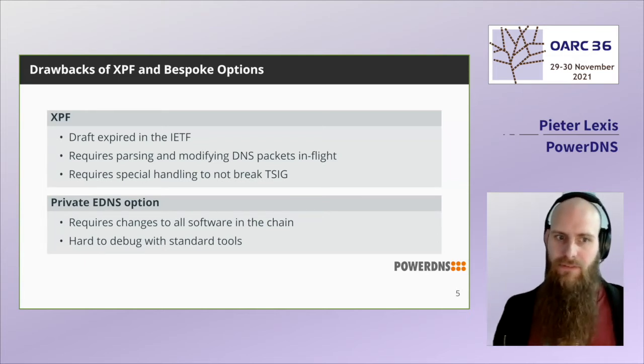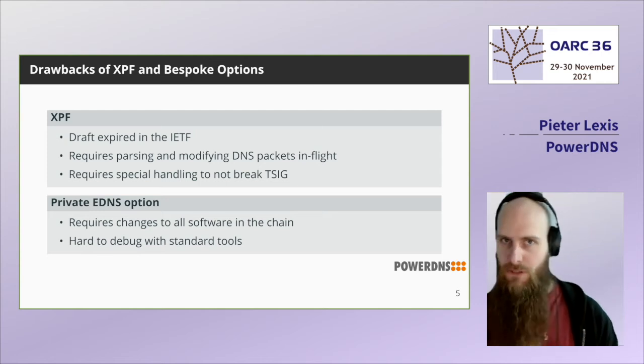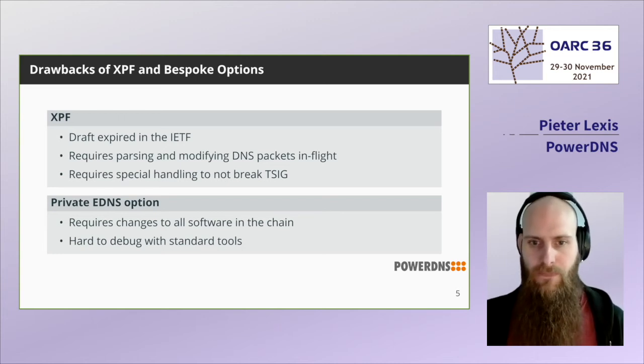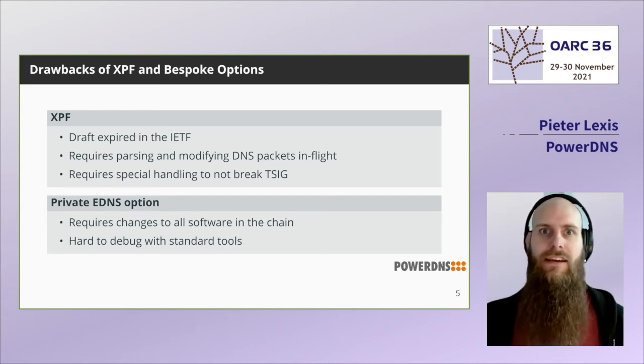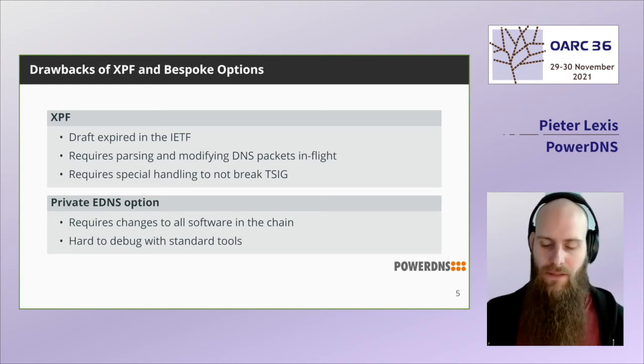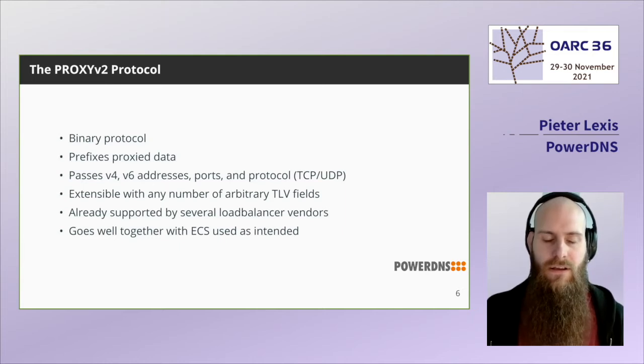And then there's private EDNS options or bespoke EDNS options. And this requires changes to all the software in the chain. And of course, it is not a standard or well documented. And of course, it can be very hard to debug with any of the standard tools that exist.